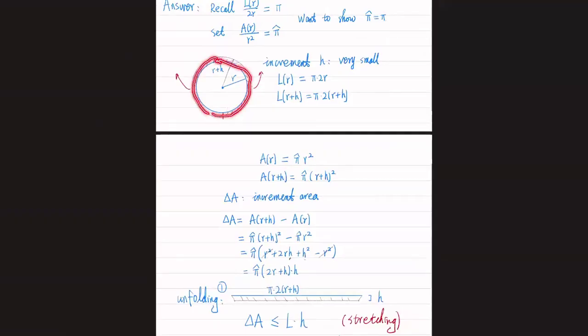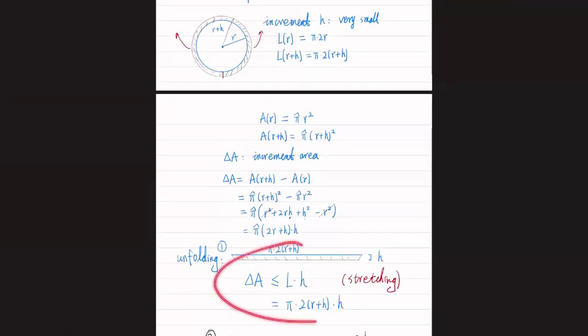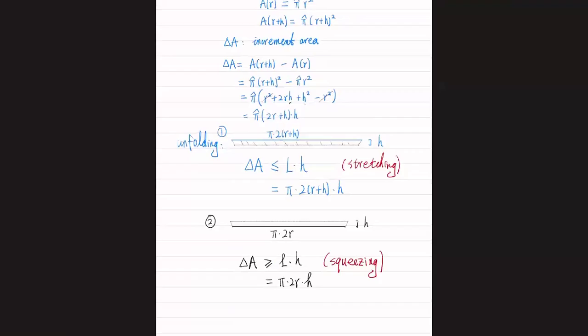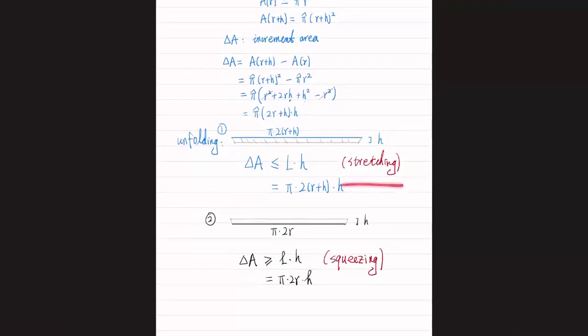In this state, it's kind of squeezed. If we release this, there will be some stretching. That's the first estimate. But if we want to keep it very tight, there'll be some squeezing. So stretching and squeezing, two different estimates.